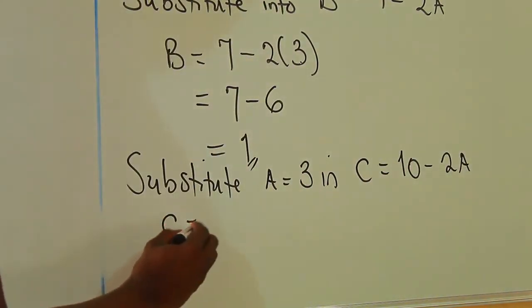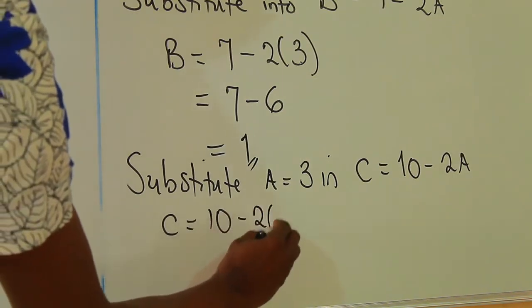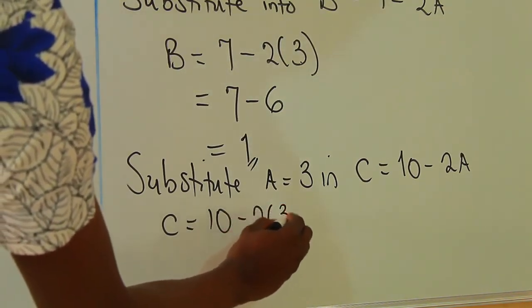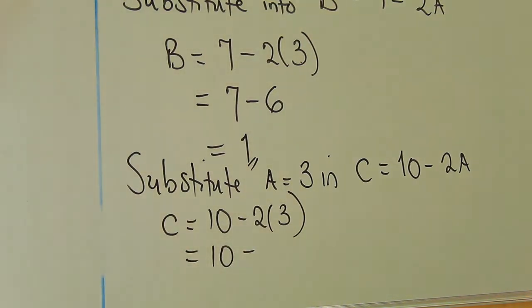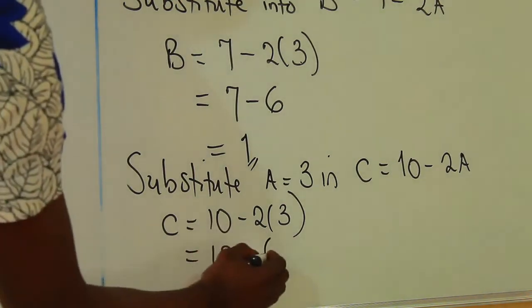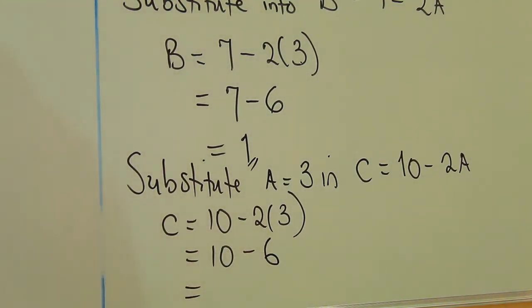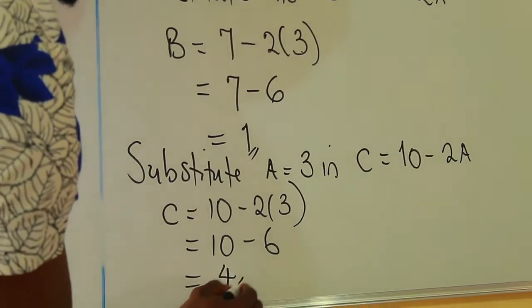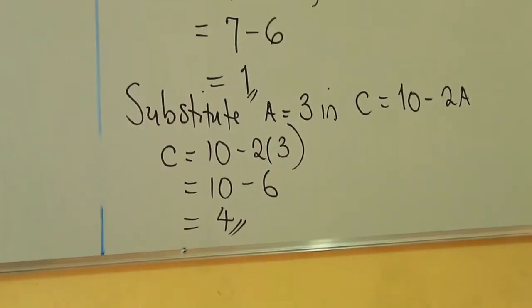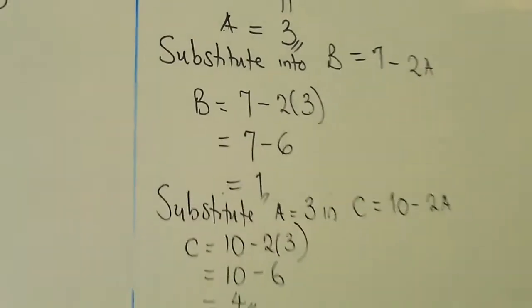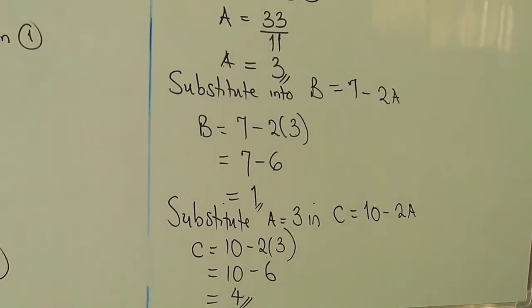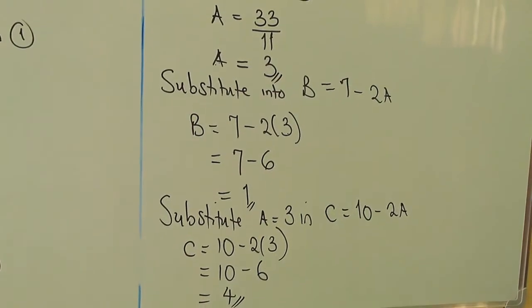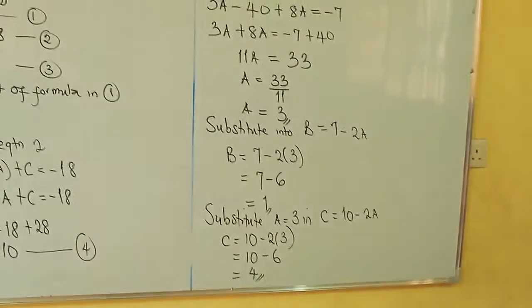So I have c to be equal to 10 minus 2 times 3. You can agree with me that 2 times 3 is 6. And when 6 is subtracted from 10, I'll get 4. We have succeeded in finding the values of a, b, and c that will be used to split the compound fraction into single algebraic fractions.